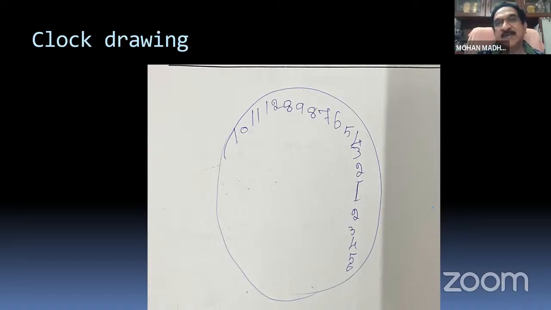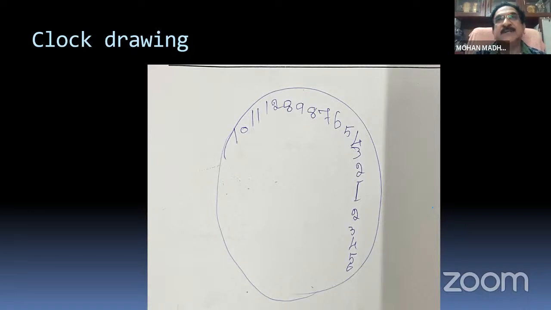That means he has totally lost the concept of a clock. Second, he is repeating the same numbers again and again. For example, if you look at the 2, he is repeating it 2 times. The 6 is repeated many times. So he has a loss of concept of the clock. This is a part of executive function. Second, he has perseveration, which is also a part of executive function.